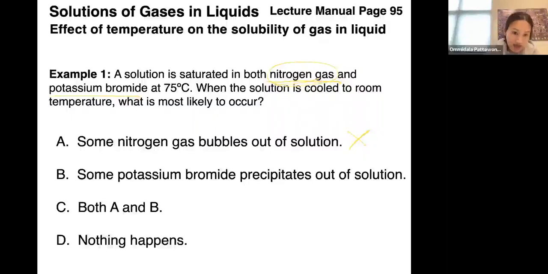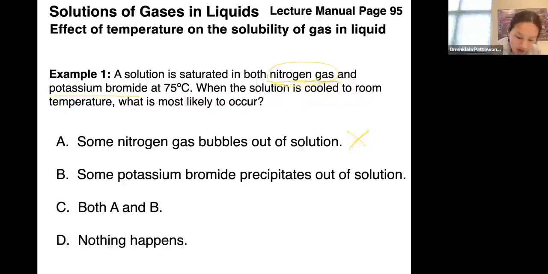So choice B, some potassium bromide precipitates out of solution. Is this true? Well, if you go back to the effect of temperature, you will see that as the temperature increases, the solubility of the solid in liquid also increases, which means you are able to dissolve more of the salt into water. However, if you decrease the temperature, the solid that dissolved in water is going to start to precipitate.